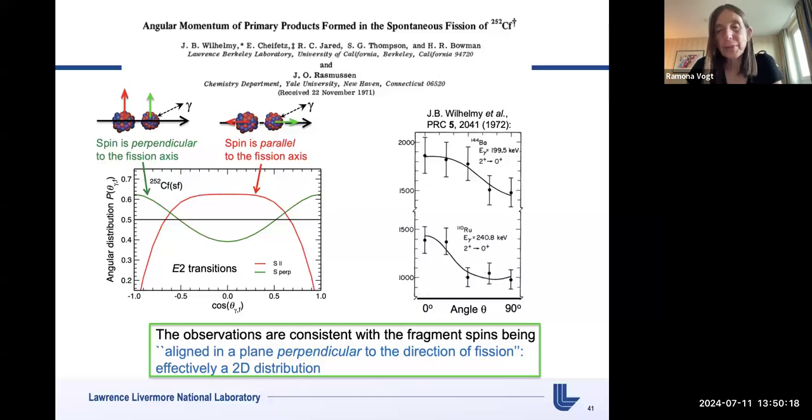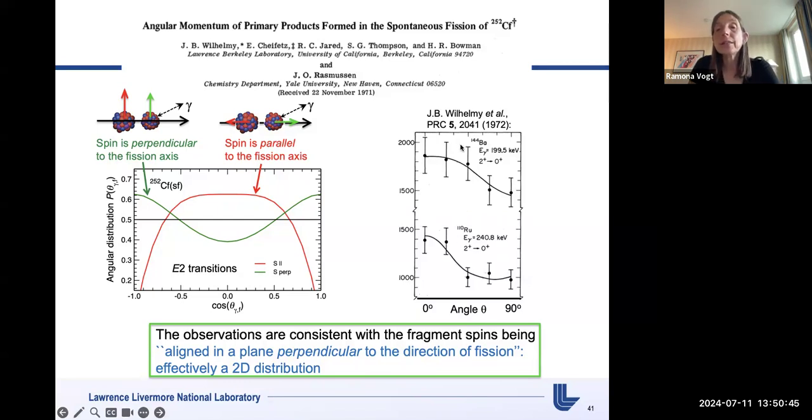So there was a very famous paper by Jerry Willoughby, famous in the fission world, let's say. They studied the angular momentum of the primary products found in spontaneous fission of californium, and this was their measurement.